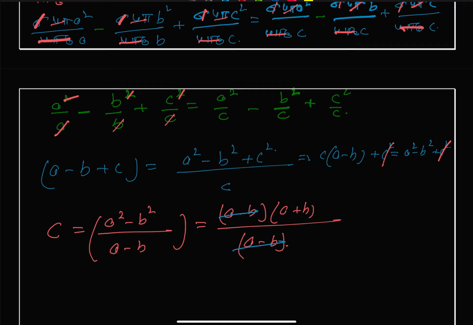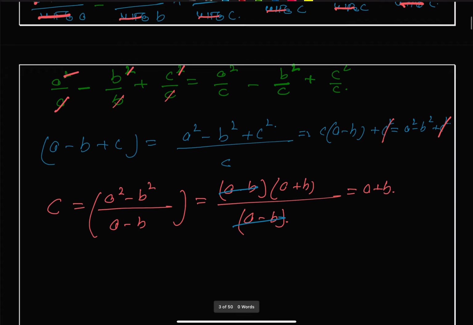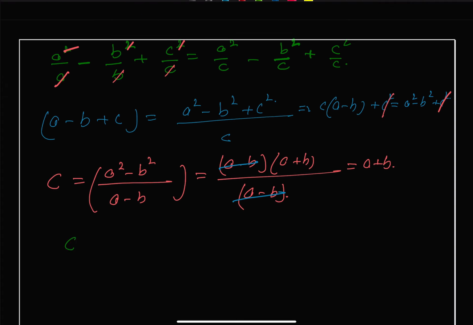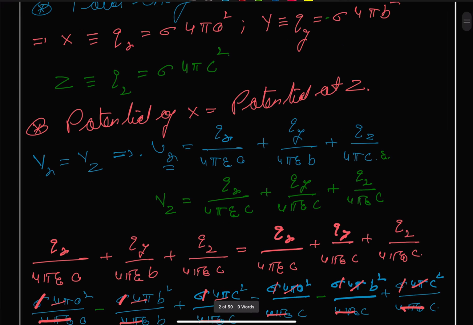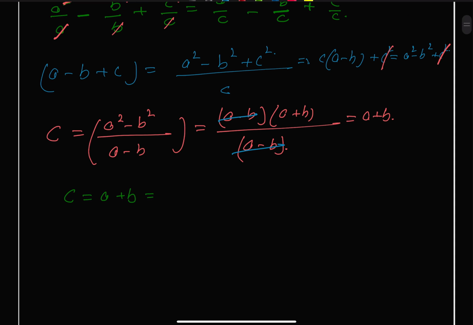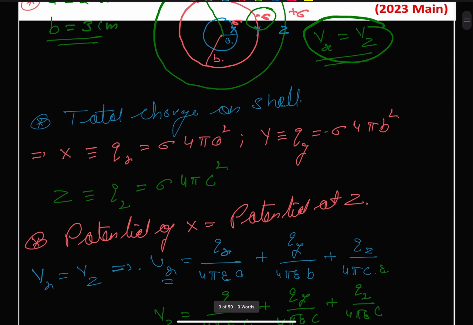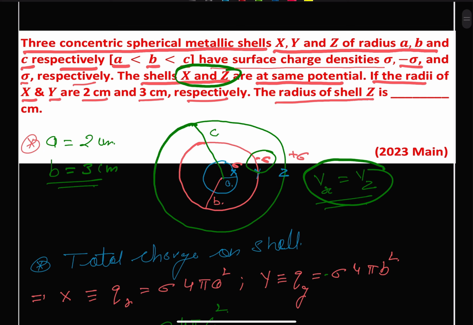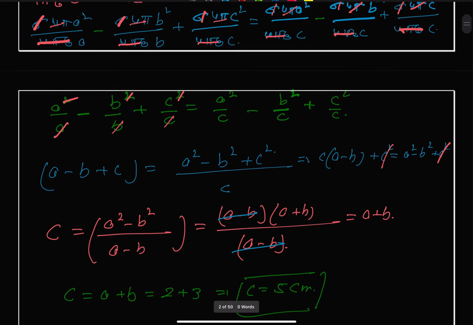We are left with A plus B. So we get C is equal to A plus B, and A is given to us as 2 and B as 3. So this comes as 2 plus 3, giving us C is equal to 5 centimeters. So C, the radius of shell Z, is 5 centimeters. Next question.